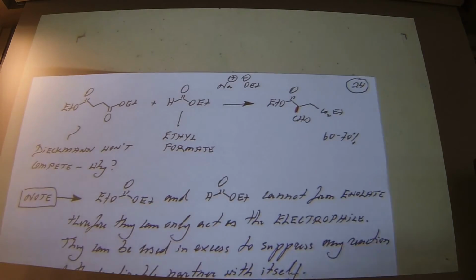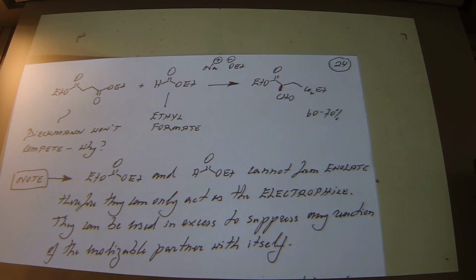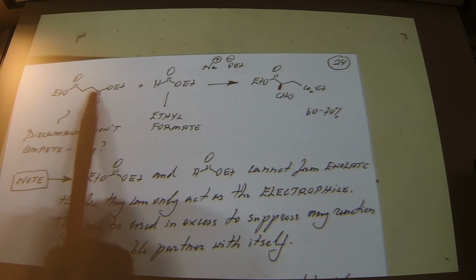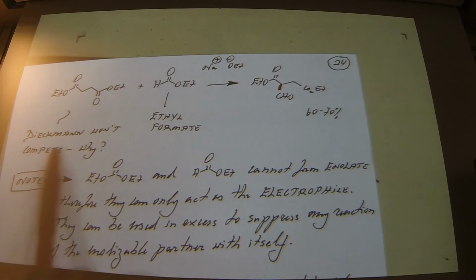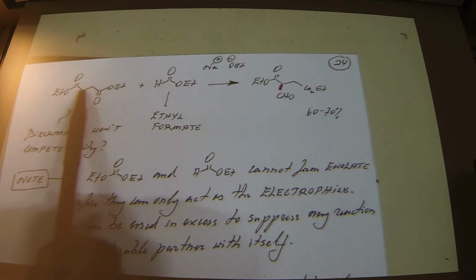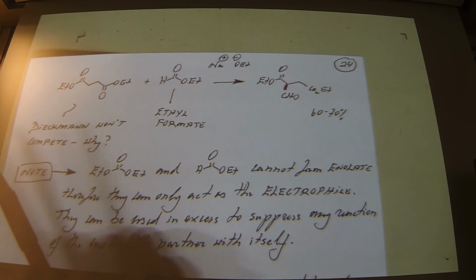But it's not the only one. There's another ester that is very commonly used that cannot enolize, and that's ethyl formate. Okay, so I take formic acid, H2CO2, right? Then I can use that as the electrophile, and I can start out with diethyl succinate, and because this is symmetrical, it doesn't matter which of the carbonyls enolizes.